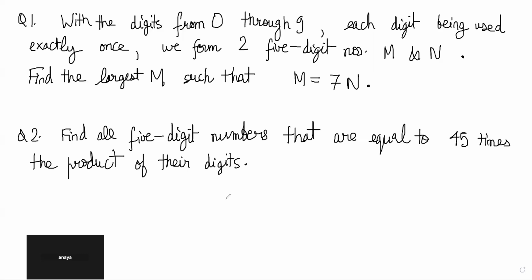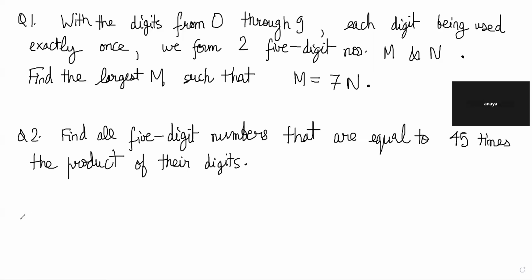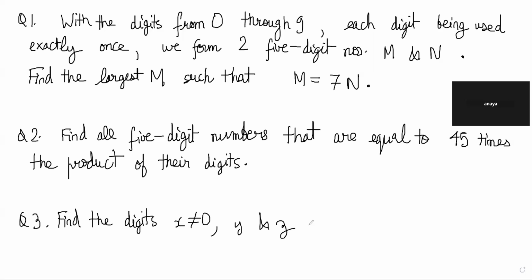Then the third problem is: find the digits x not equal to 0, y, and z such that the number xyz, with a bar on top, is equal to x factorial plus y factorial plus z factorial.